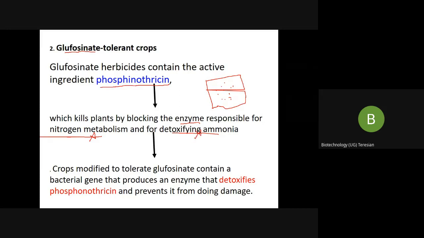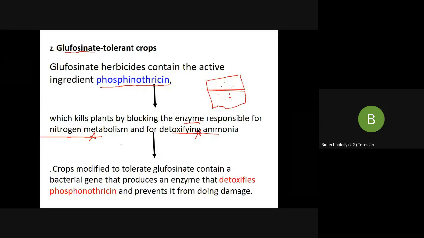So what they have done is, they have altered the crops. They have taken an enzyme from a bacteria. That is a bacterial gene that produces an enzyme that detoxifies the phosphinothricin. What it means is the scientists have identified an enzyme from a bacteria.